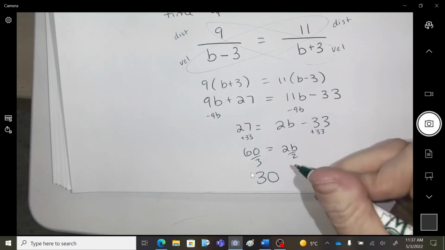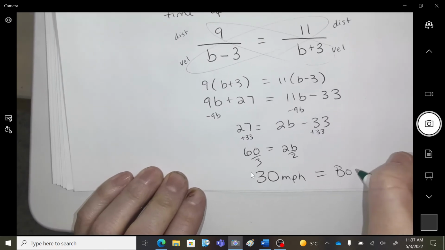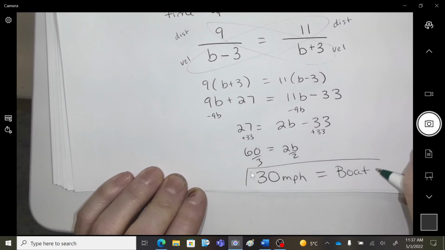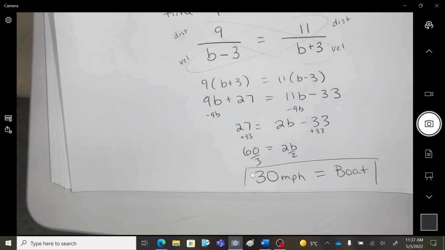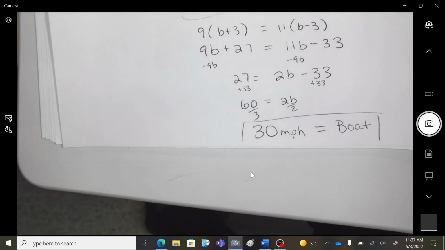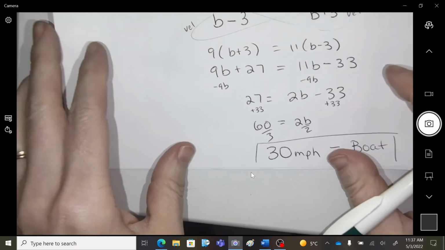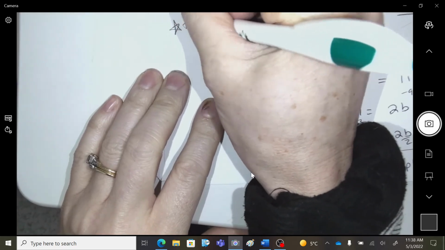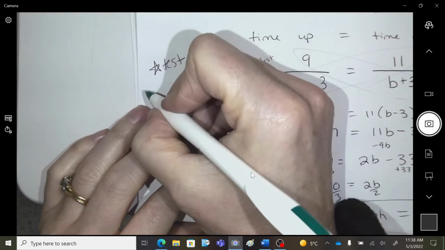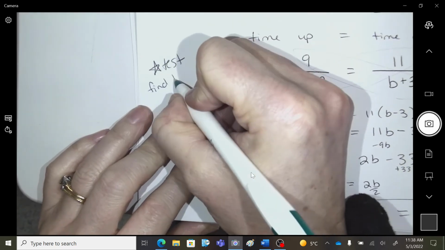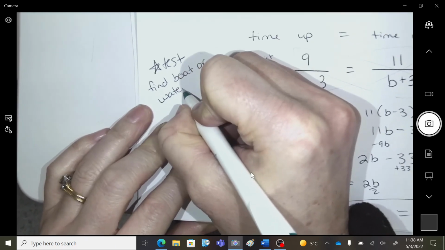What are we in? Miles per hour. That's the speed of the boat without the water part of it. So on your test, you might have to find the boat or the water speed.